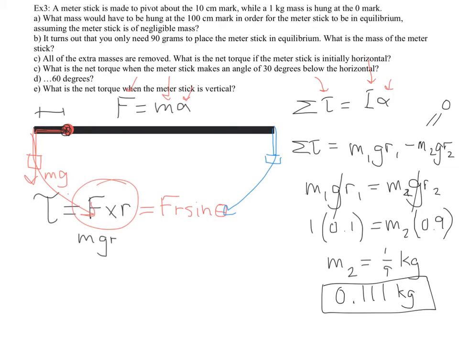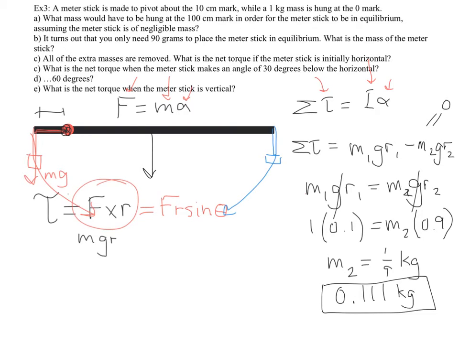Now, we made a very important assumption here, which is that we were allowed to ignore the mass of the meter stick, right? In class, we showed that if you hold a meter stick by the end, it falls, because gravity pulls down on the middle of the meter stick. So that means that the gravity acting on the meter stick exerts a torque as well.